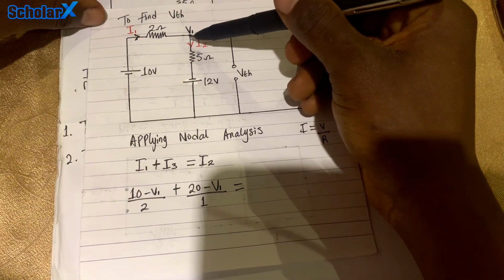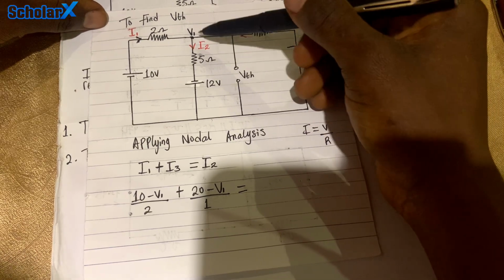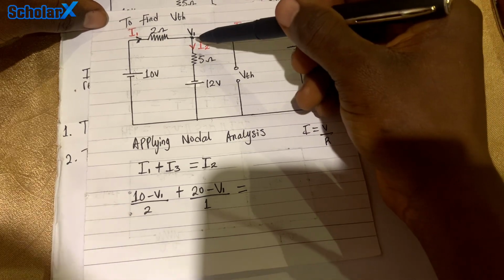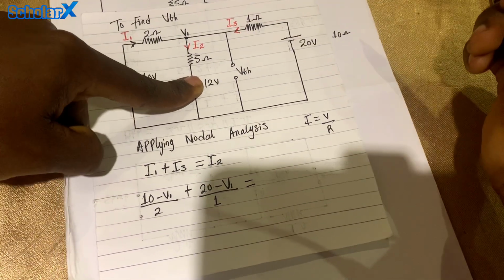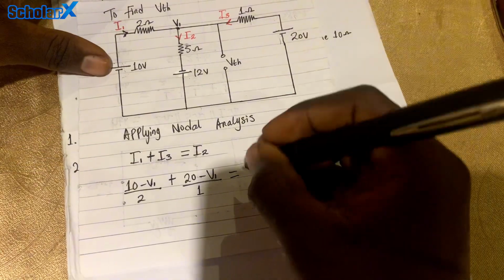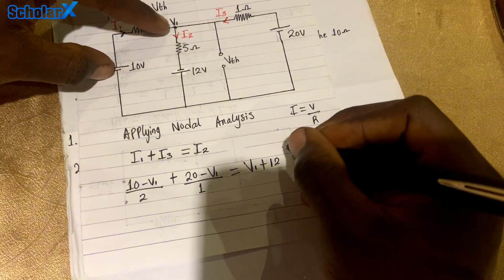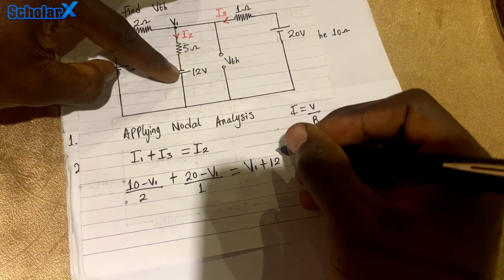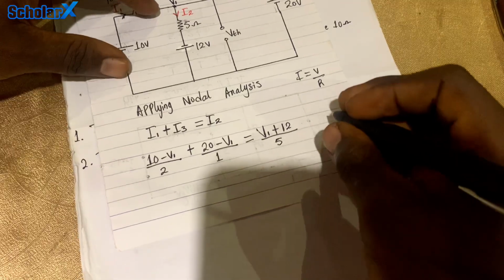The voltage across here is going to be V1 plus 12 volts. If there was no 12 volts here, it would be just V1 over 5. But in this case, it's going to be V1 plus 12, the voltage on this node plus this voltage, divided by the resistance 5.